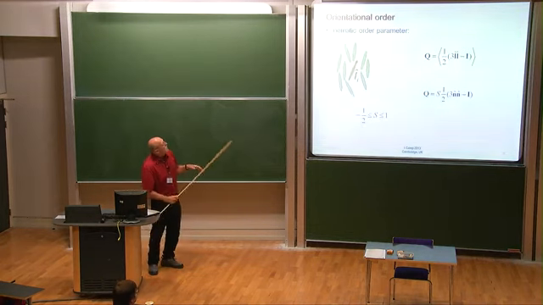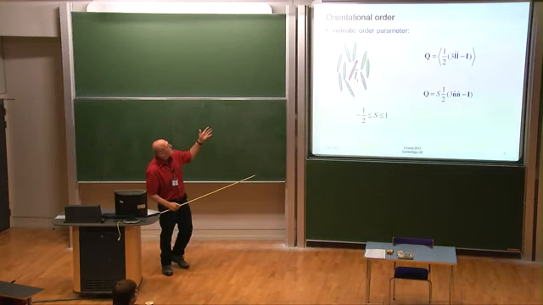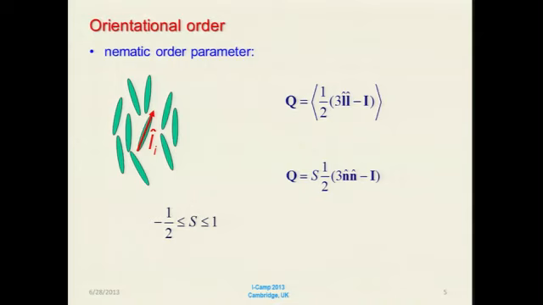Okay, so much of what I had to say you've seen already before. These are orientationally ordered materials, so we have to have an order parameter. So we have the Q tensor you're all familiar with. And it's convenient, if the system is uniaxial, to express this as a scalar order parameter and the nematic director, which is the direction of average orientation.